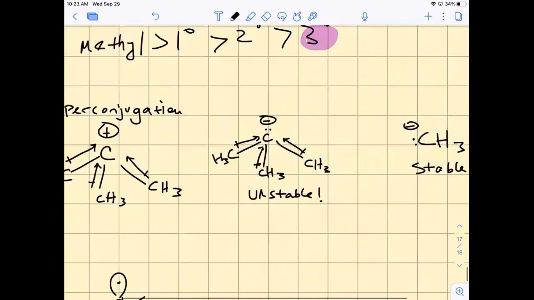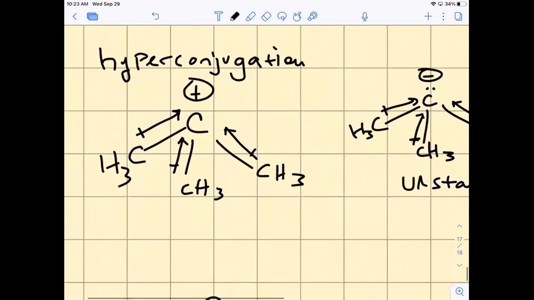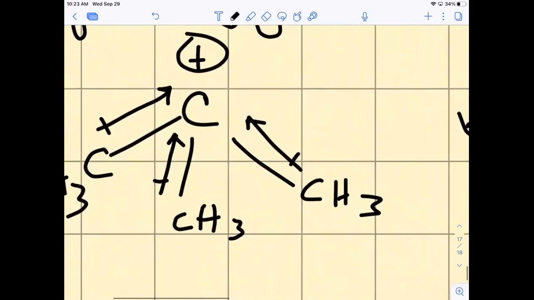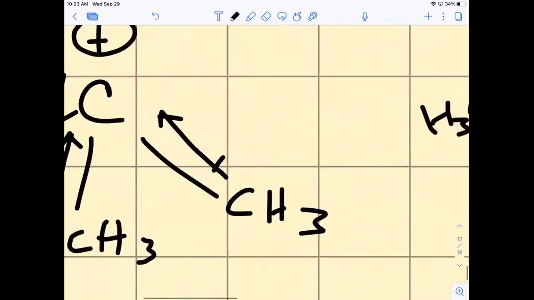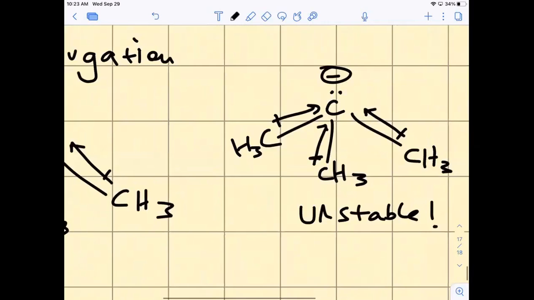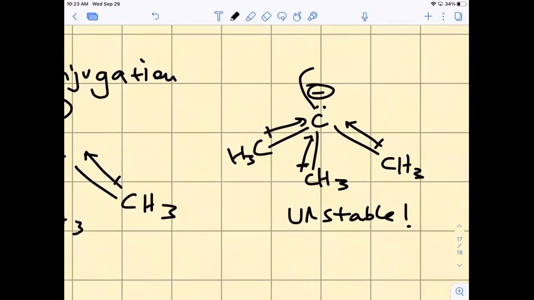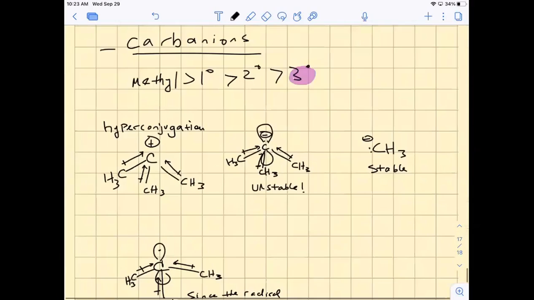So with the positive charge, the fact that it's empty, then yes, it's hungry for electrons. So you want those electrons going in that direction. But with the carbanion, that p orbital is not empty. It's got a pair of electrons in it. So any more electrons you push towards it would destabilize it. All right. Did that answer the question?